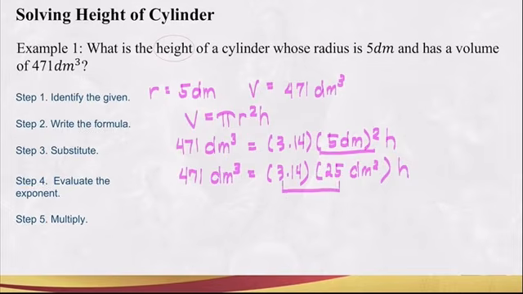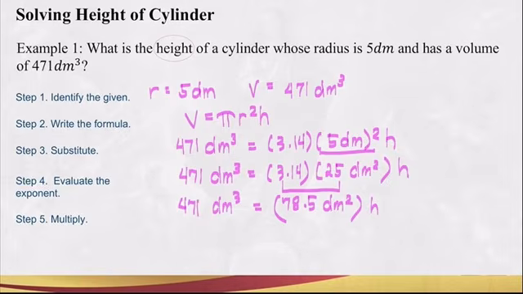So, let's multiply 3.14 and 25. So, 471 dm cubed equals 3.14 times 25, that is 78.5 dm squared times h. Ang goal natin dito is alisin lahat ng numbers na kasama ni h kasi we are looking for the value of h or the height.